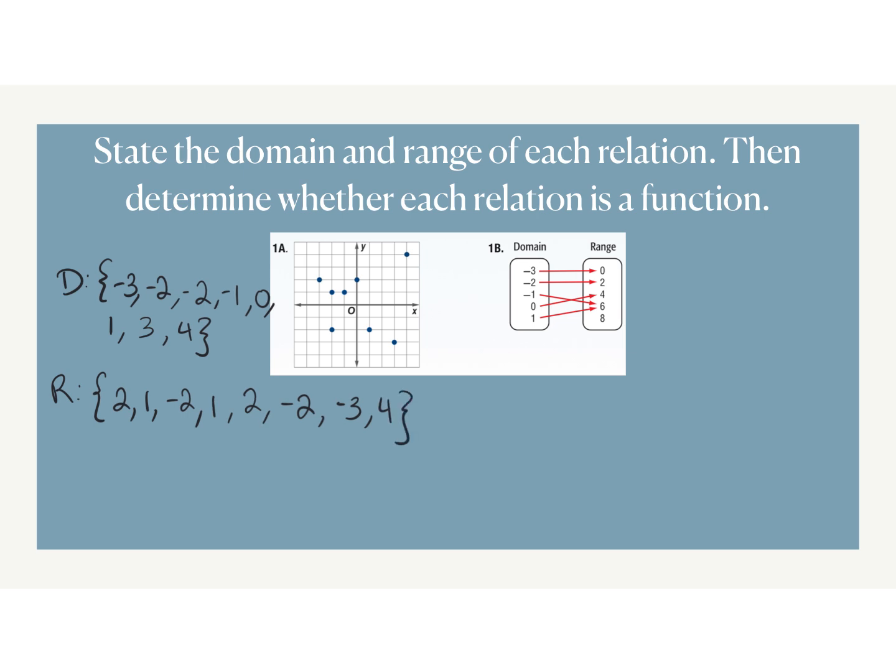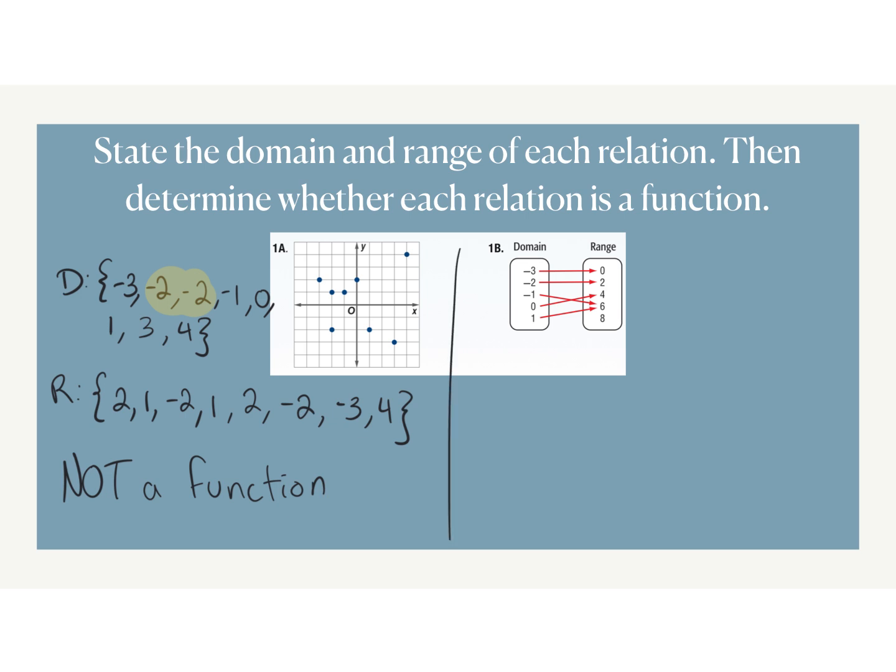Now the first one, state the domain and range of each relation, then determine whether each relation is a function. For this function, it is not a function. We have -2 repeated right here.